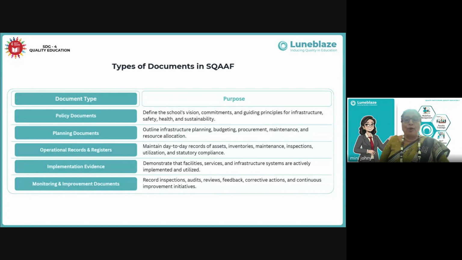Now, types of documents. Dear friends, you can go through the documents, what we need. From here it starts: document type, and what are its purposes. Policy documents, as we just discussed, define the school's vision, commitment, and guiding principles for infrastructure, safety, health, and sustainability.